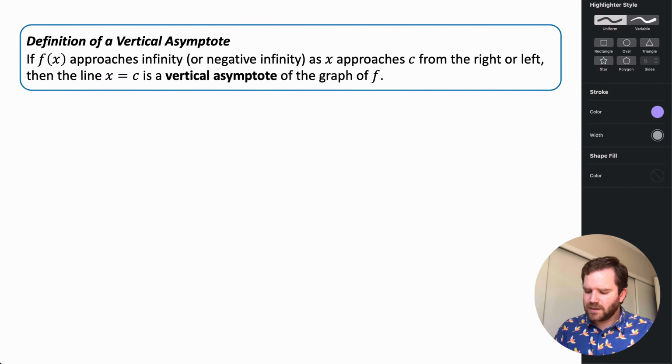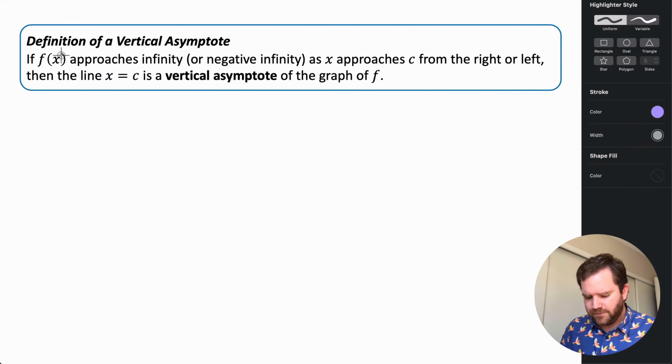So when we talked about vertical asymptotes in pre-calculus or in algebra 2, we basically just said it's a vertical line that our graph cannot cross, right? And it happens from domain restrictions. So let's give a little bit more formal definition using calculus.